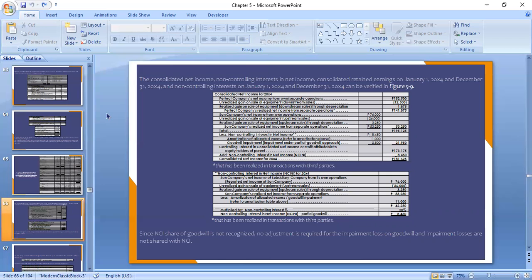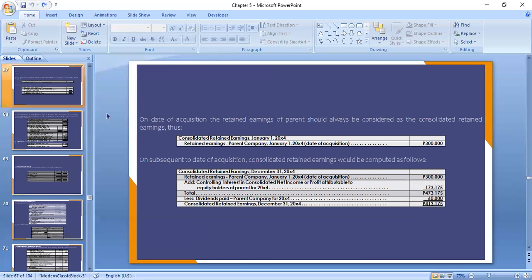Okay, so we have now on the date of acquisition, the retained earnings of parent should always be considered as the consolidated retained earnings. Thus, consolidated retained earnings on January 1, 2024. We have now the retained earnings of parent, and subsequent to the date of acquisition, consolidated retained earnings will be computed as follows.